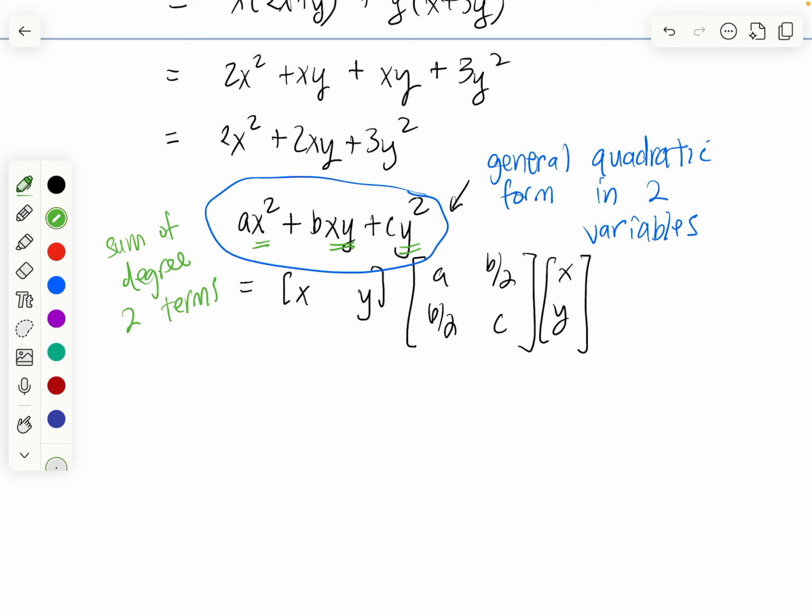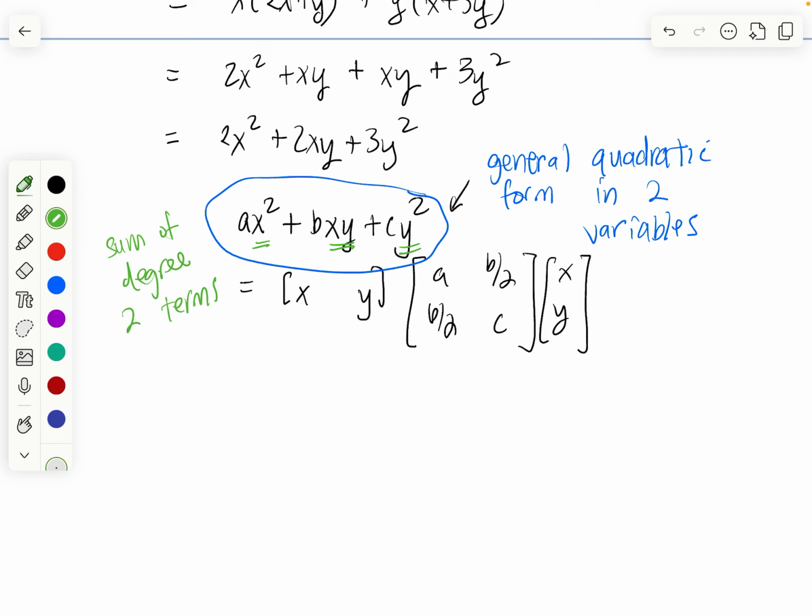And you can have quadratic forms in three variables. You're going to have ax cubed, and then x times y squared, and x squared times y, and y cubed. You're going to have those degree 3 terms.